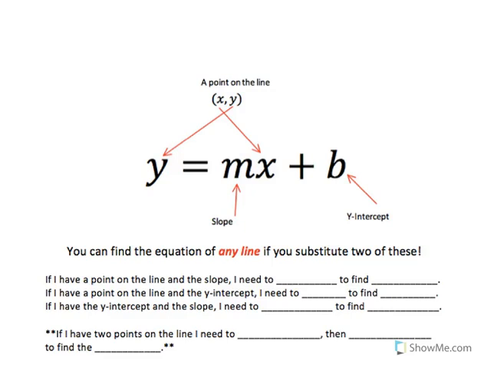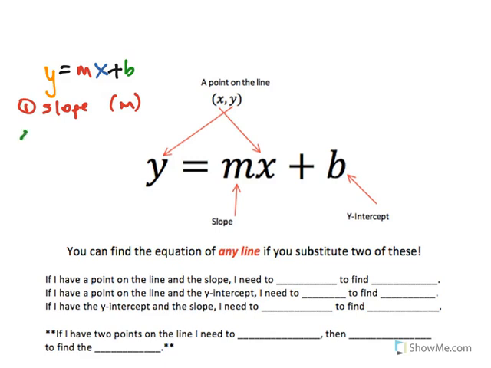So remember, when we have an equation, it looks something like this. And we say that there are three parts to the equation of a line.